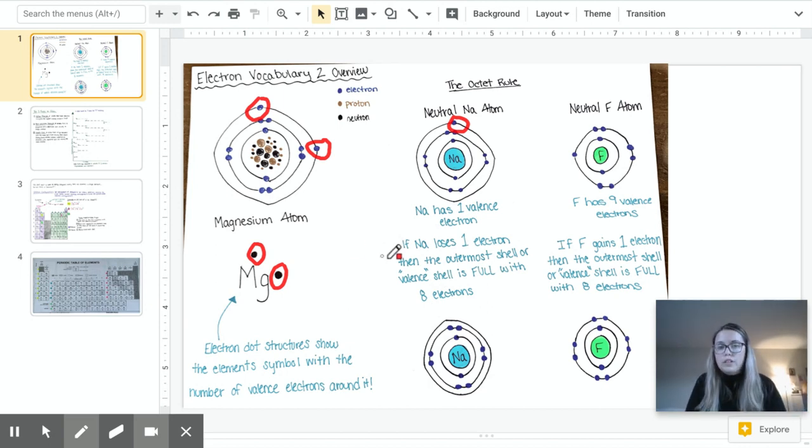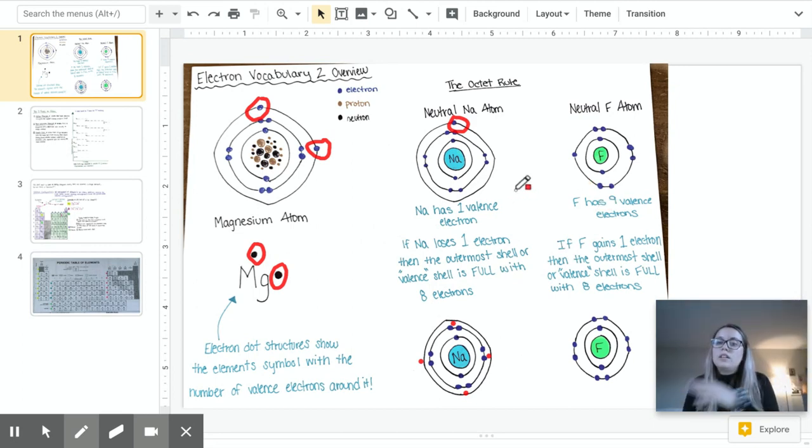We're just going to lose 1. If sodium loses 1 electron, then your outermost shell, or your valence shell, is full with 8 electrons. Down here, sodium has lost its 1 valence electron, and we have 2, 4, 6, 8 electrons in the outermost shell for sodium. So it's happy. It's in that great state of 8.